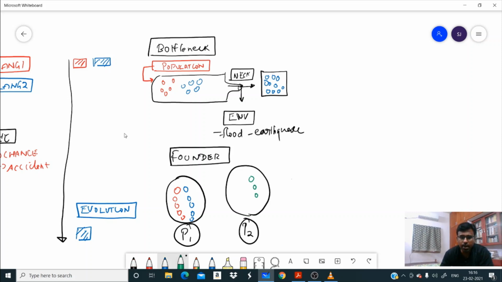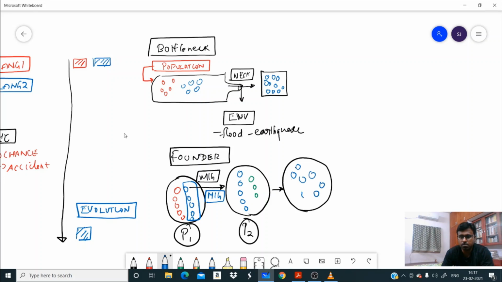But what happens is that there is a migration, but not any migration. I am assuming there is a selective migration of people having only the blue color gene. So people are migrating here, and after a few generations, due to this selective migration, the population with the blue gene will start predominating in this population.